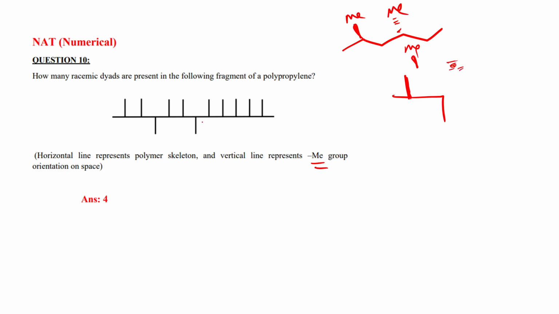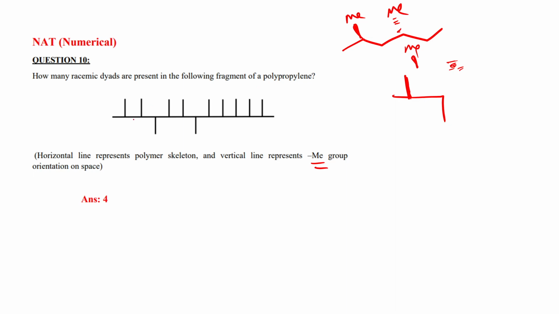This is the simple representation for polymers, and that is how it is described. Now they want to know how many racemic dyads are present in this polymer. So now let's see how.